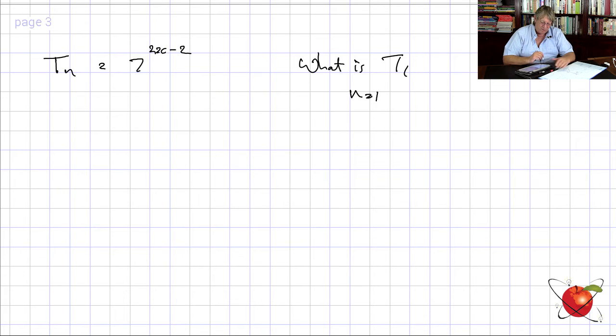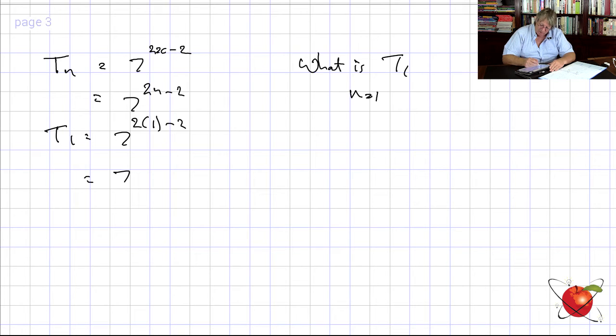They've used an x on the top; they should have said 2n. So it should be 7 to the power of 2n minus 2. In this case, T1 is 7 to the power of 2 times 1 minus 2. Please use brackets when you substitute. That is 7 to the power of 0, which is 1.